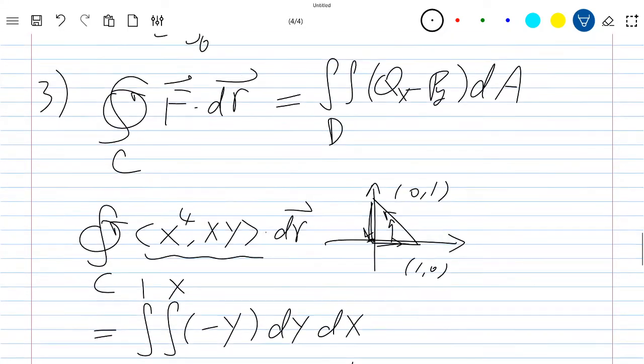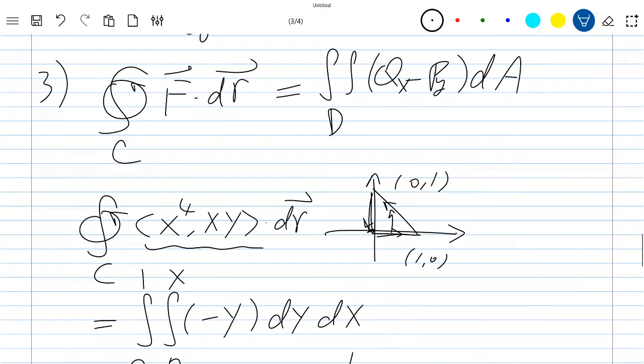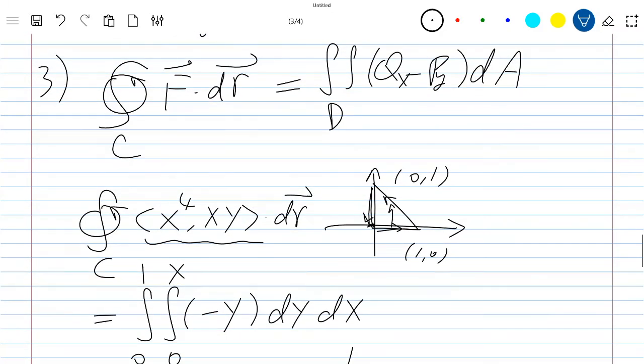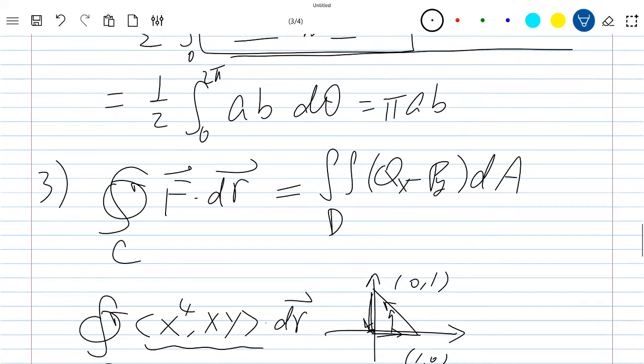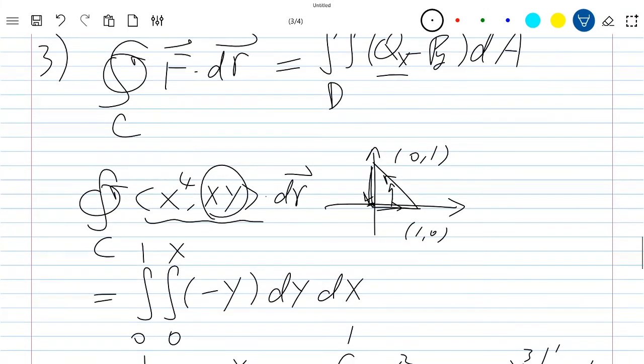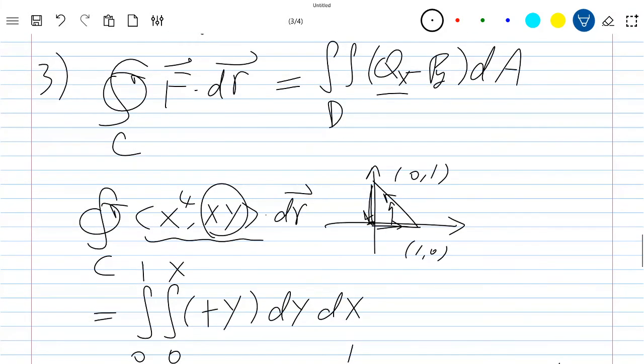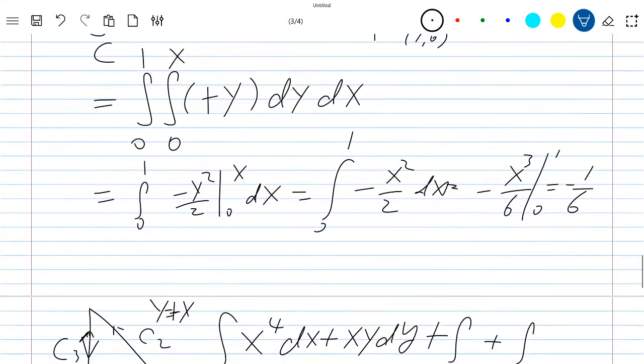Okay, so Qx equals, oh, sorry, Qx is just y. There's no negative sign, right? Qx equals y. So there is no negative sign. So this is a plus. So it's actually plus.